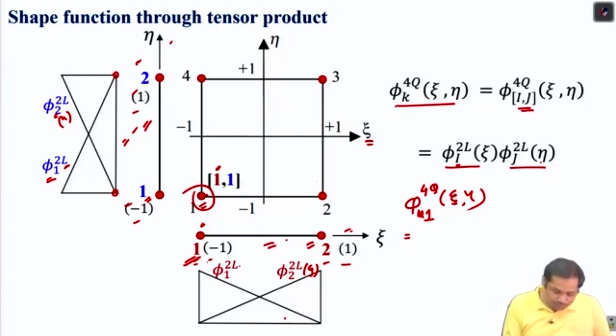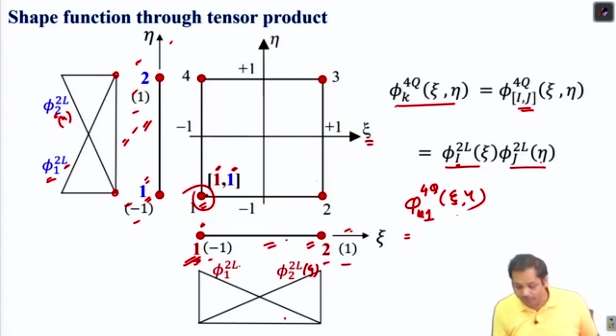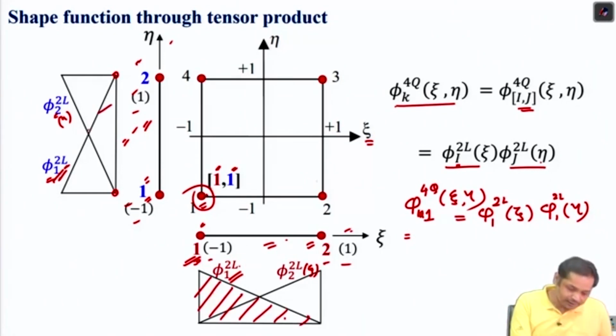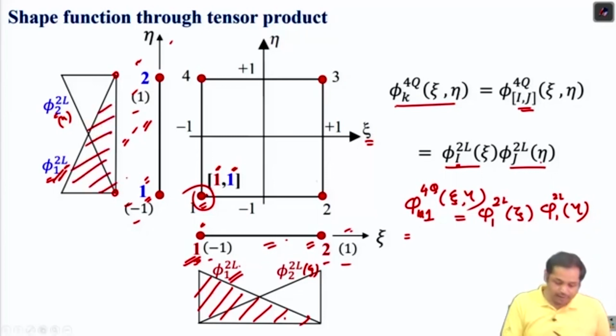This 1 corresponds to this node, and this blue one corresponds to this node. So this will be equal to phi 1 2L, which is a function of xi, into phi 1 2L, a function of eta. So this shape function will be multiplied by this shape function, and the product will give me the shape function at this node.